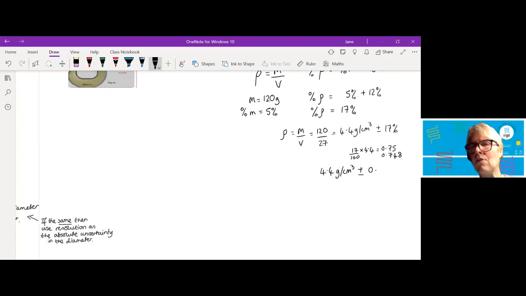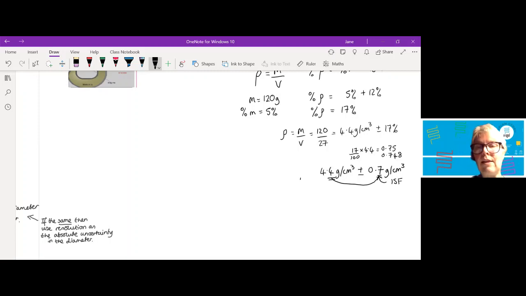So I can't round this to 0.8. I'll have to round it down to 0.7 grams per centimetre cubed. Only one significant figure because it doesn't start with a 1. And that decimal place ties in with the last decimal place of the calculated quantity.